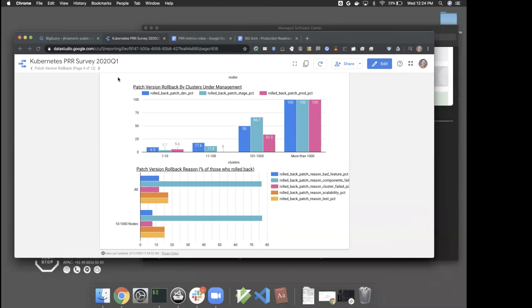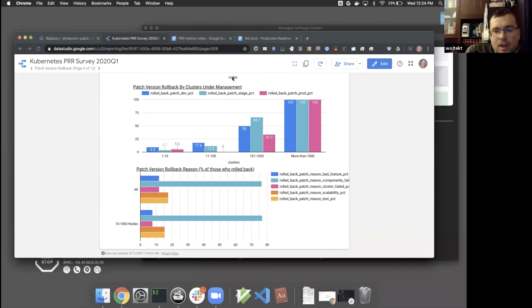Do customers of cloud environments even get the choice? They do, at least in GKE. I'm not sure they can roll back a minor version, but I think they can roll back a patch version in GKE.